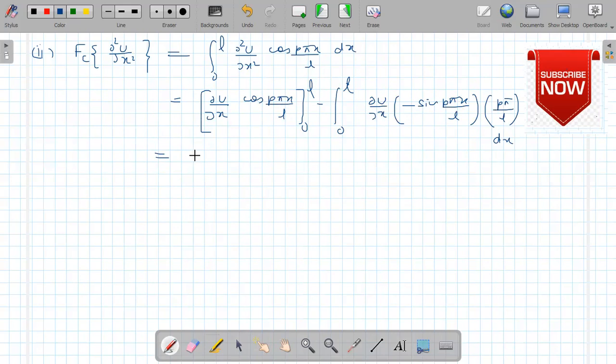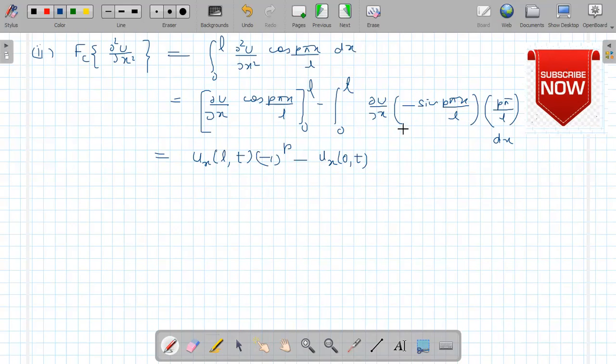This you can denote by u_x(L, t) when we substitute L in place of x, and cos of p pi is minus 1 raised to the power p. At the lower limit this will be u_x at (0, t).